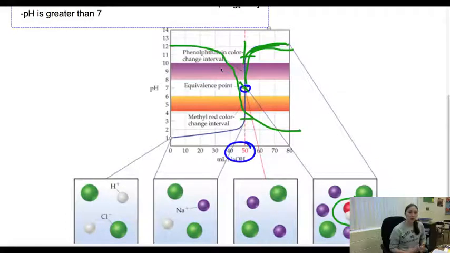That's a very good indicator, because I can tell very quickly where it turns basic. You can also use methyl red, but that's probably not as good because it's changing at 6. You have one that goes from red to orange, or one that goes from clear to purple or pink. The pink one is a little bit easier to see.